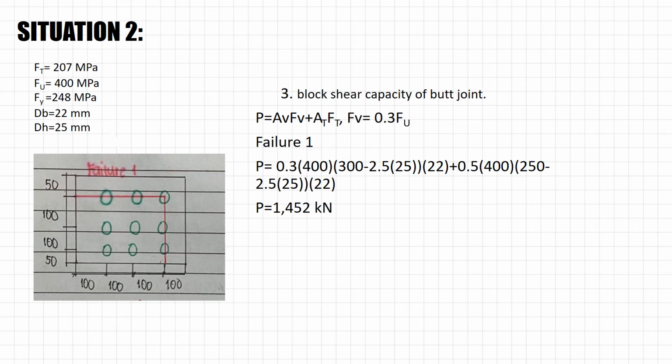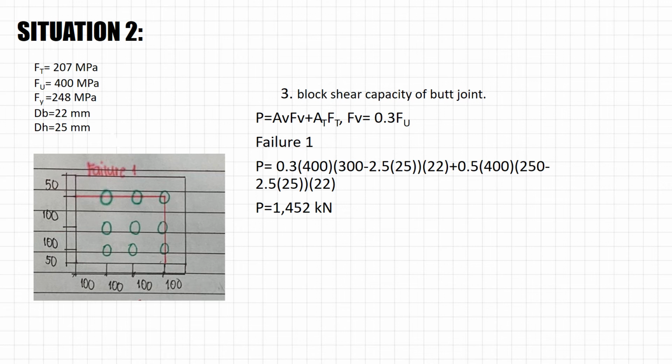Makita dito sa figure, bilangin nyo na lang 1, 2, 3 300 mula dito sa left side hanggang dito sa bolt ay sa hole. So minus 2.5 multiply by 25. So 2.5 kasi ang dinaanan niya is 2 butas at kalahati. Ang diameter naman ng hole is 25 mm. So multiply by 22, yun yung thickness niya.